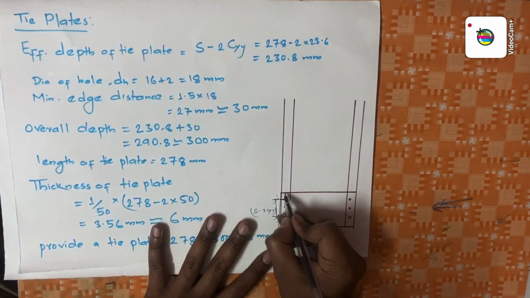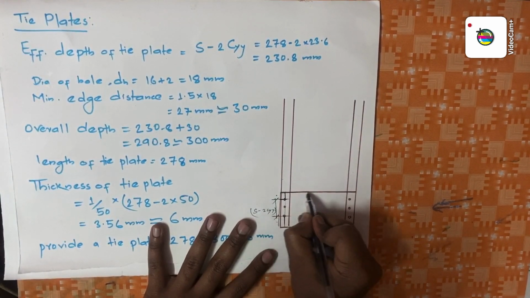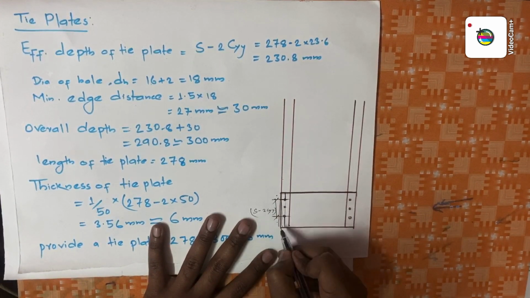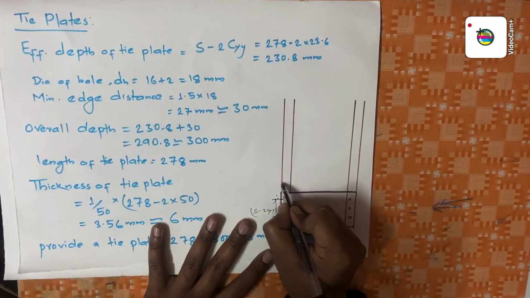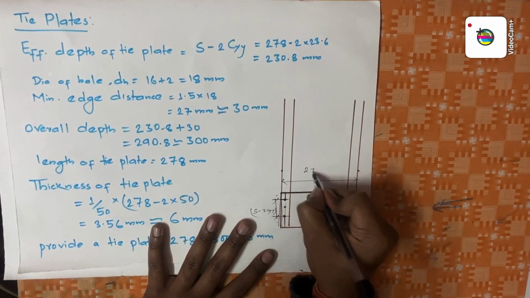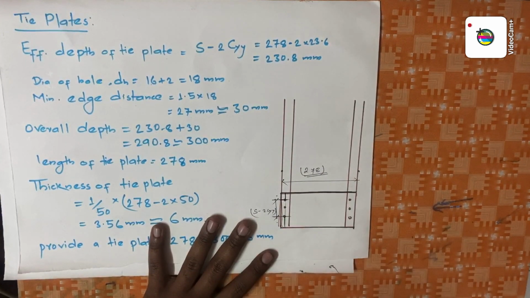So the length of the lacing flat, the length of this end batten or tie plate, will be the total spacing. What is your spacing? From this edge to this edge, it is 278. So you can take it as 278 directly.